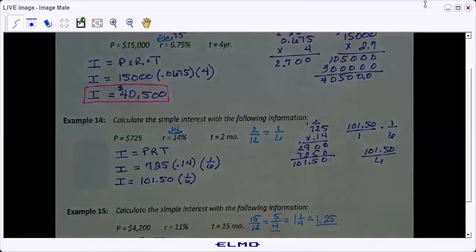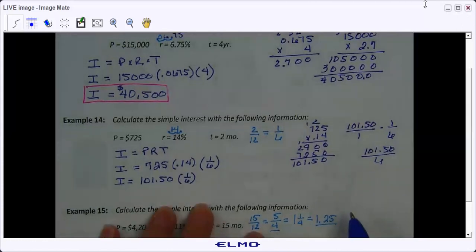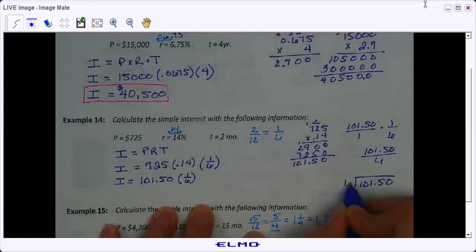So now I need to divide this. Whenever we're dealing with money, you do not want to leave it as an improper fraction. You do want to do the division because you want a dollar amount. So I'm going to take 101.50 and I'm going to divide it by 6.